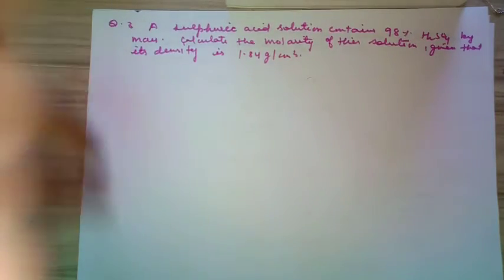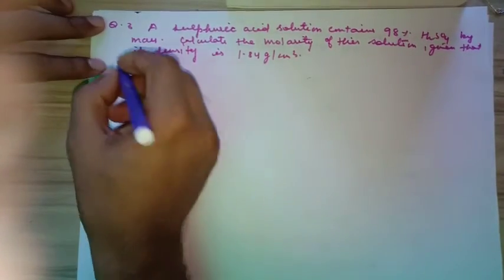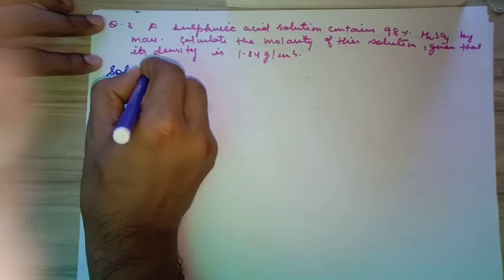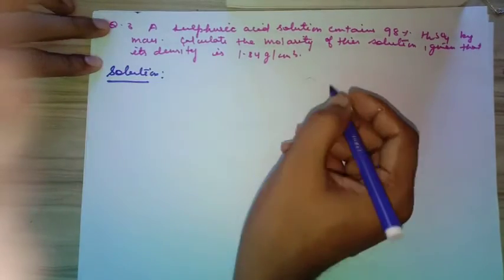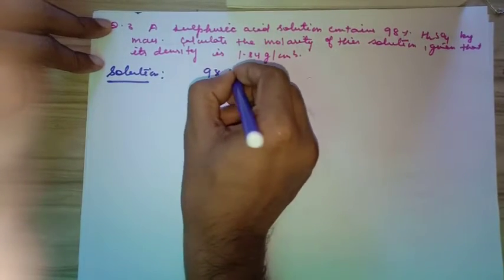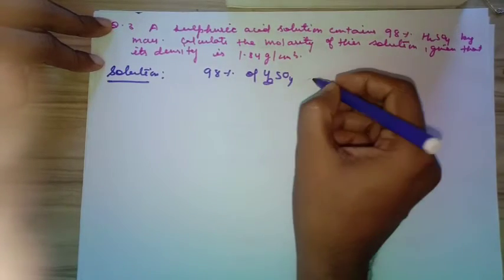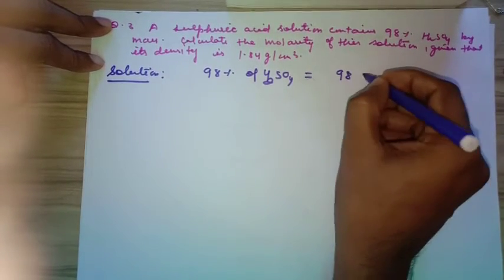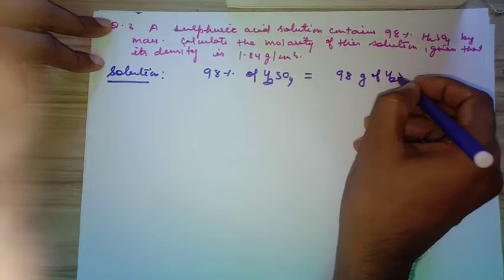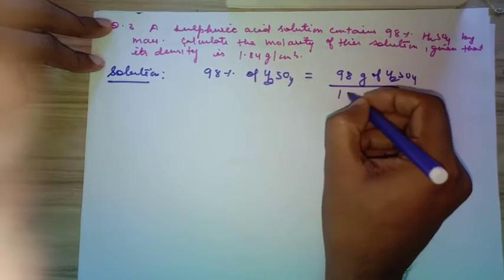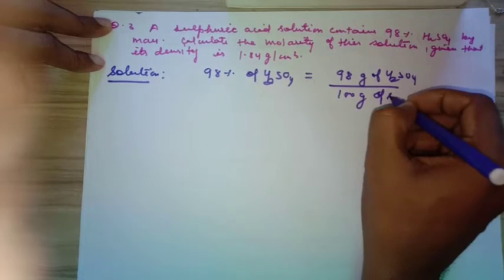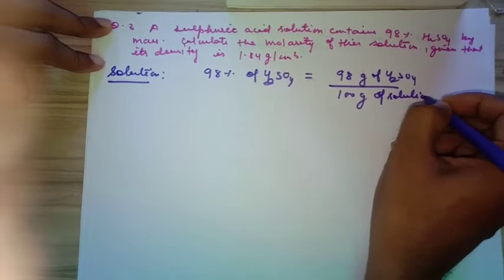So here mass percent is given, that is 98%. So firstly we have to deal with that only. We have dealt earlier that 98% of H2SO4 means 98 gram of H2SO4 is available in 100 gram of solution.